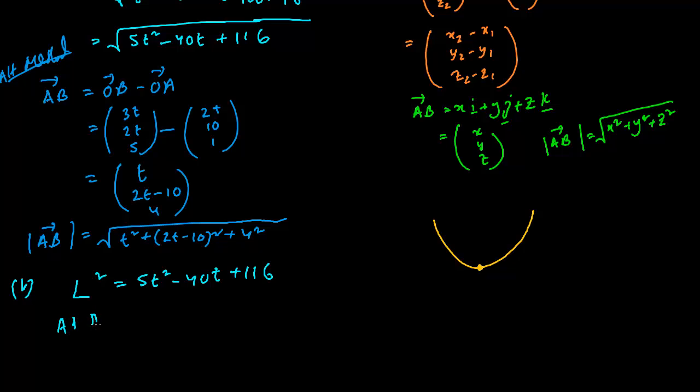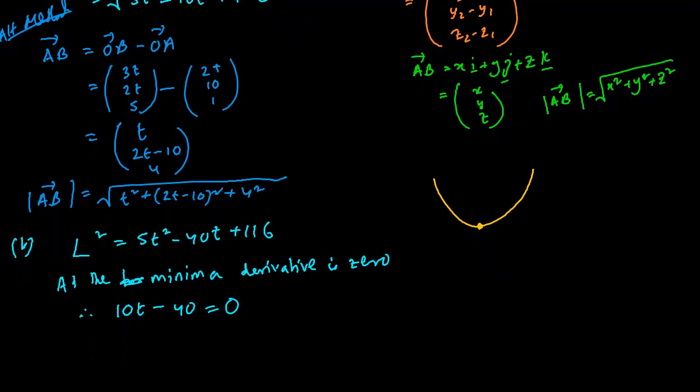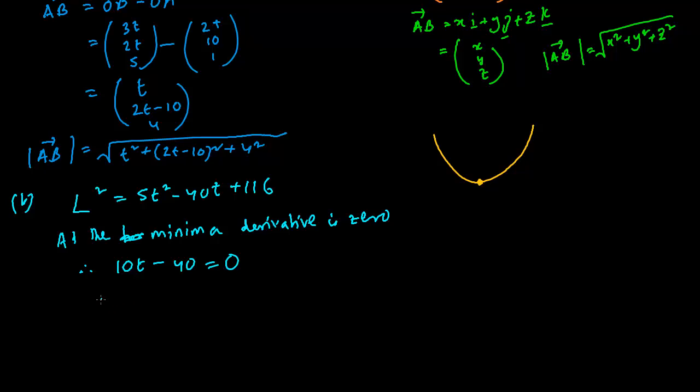At the minimum point, or minima, the derivative or gradient or rate is 0. Therefore, if we differentiate this, it turns out to be 10t minus 40 equals 0. This is the derivative we are finding, and from the derivative we can find the value of t. So the value of t turns out to be 40 divided by 10, which equals 4.